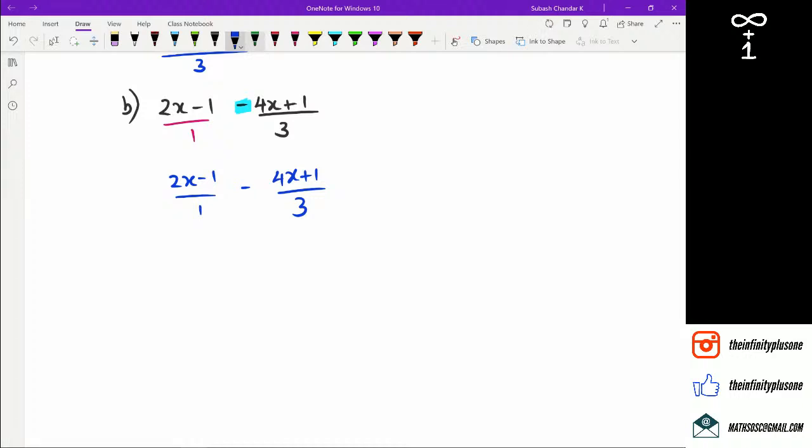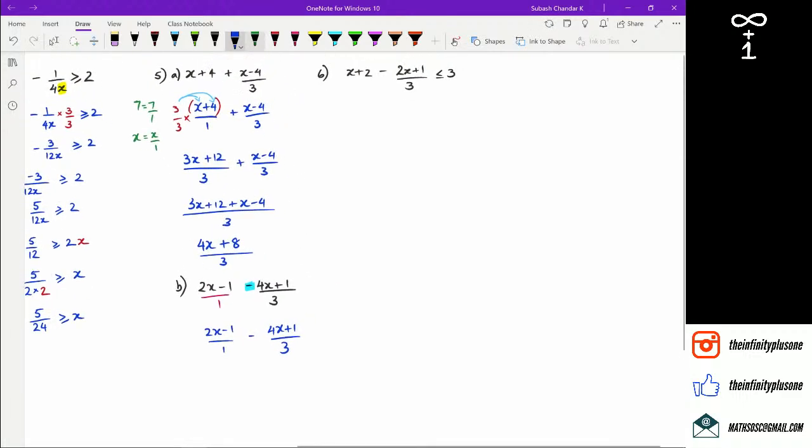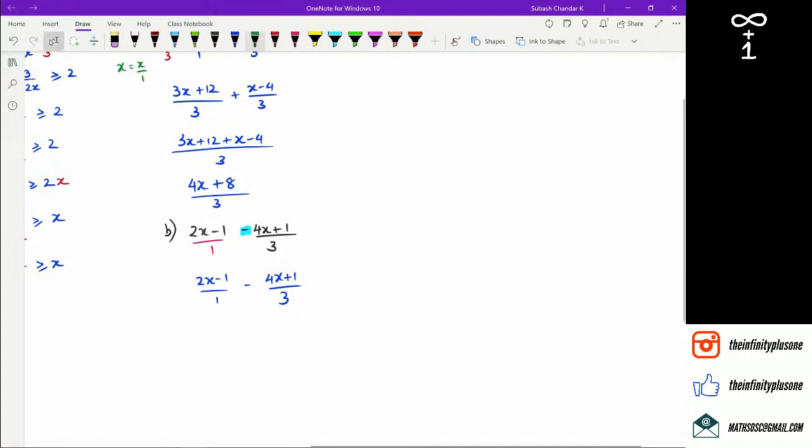Now, this little minus that I've highlighted, it's the same thing that I talked about earlier in this case right here. Notice how I said that 3 is affecting that whole bracket. So this 3 right here has an impact on this whole bracket. So it's pretty much the same kind of idea here with that negative sign. When we have that negative sign, it's going to impact the 4x plus 1.